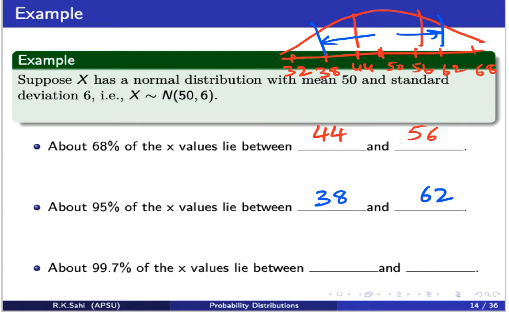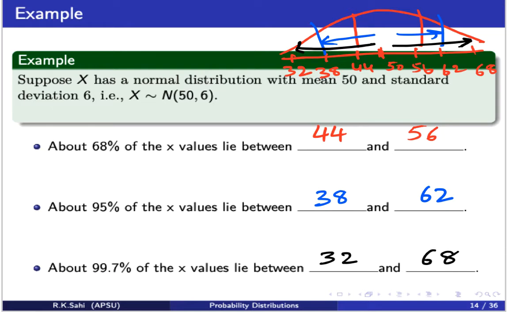The last one, about 99.7% of the x values lie within three standard deviations. So we are basically going till the very end: 32 on the left and 68 on the right. So it's 32 and 68.